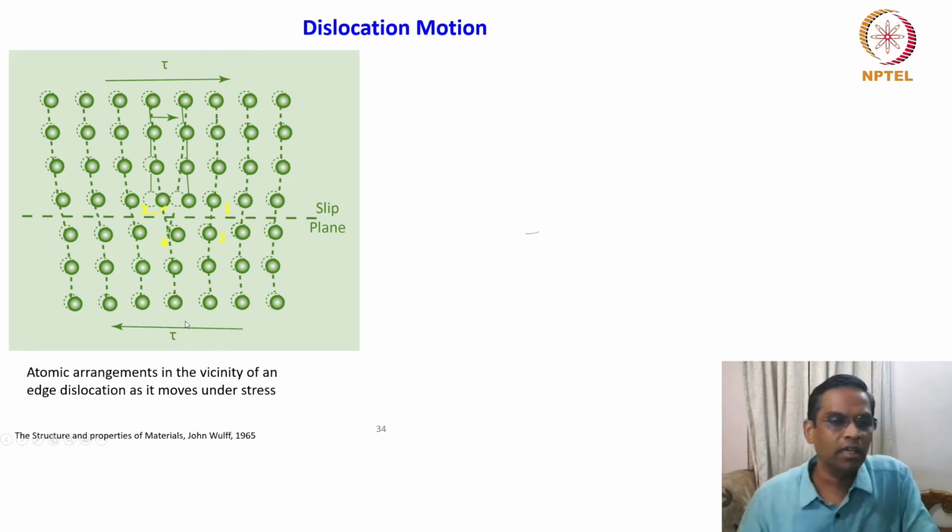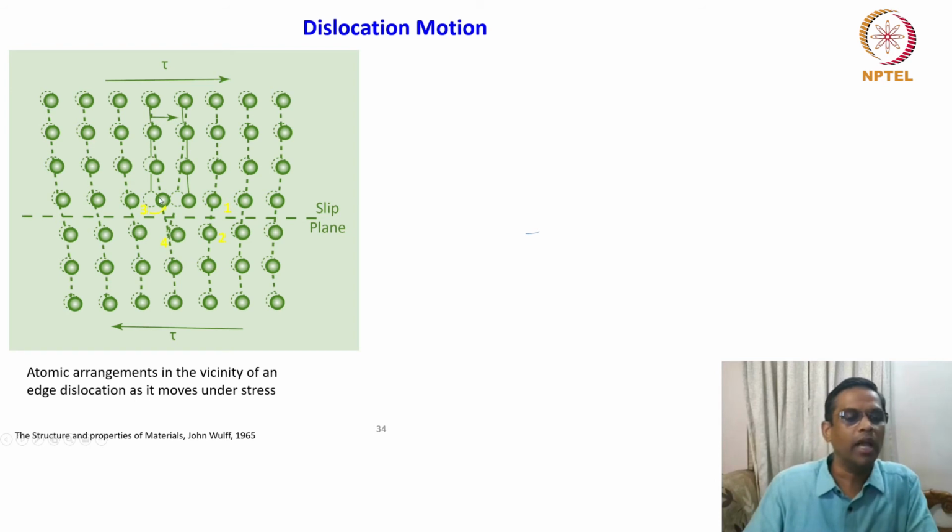Have a close look: because of the shear stress, the atoms are trying to move away from their equilibrium position, given by the dotted circle around each atom. This is a slip plane, and we have marked atoms 1, 2, 3, 4 in yellow.